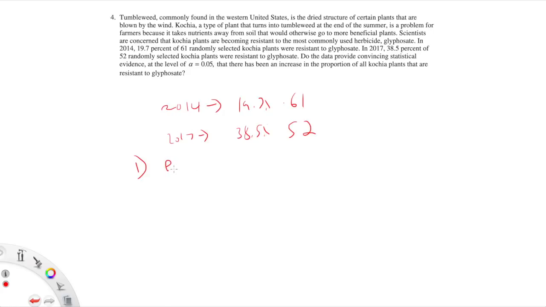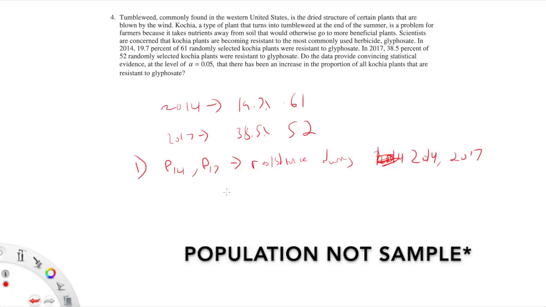So that's the first thing we define, right? We actually want to walk them through our thinking. So we'd say, P14 and P17 represent resistance from the 2014 and 2017 samples. And then we would set up our null and alternative hypotheses.